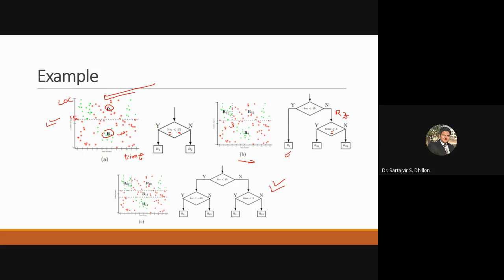If the time is less than 3, then you can say it is region 2-1. Otherwise, it is region 2-2. You can divide further into any number of regions.